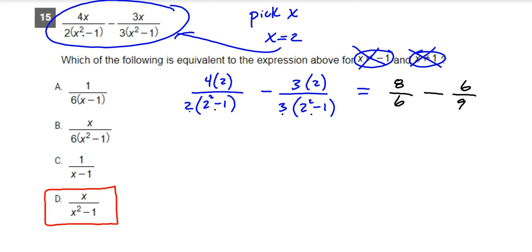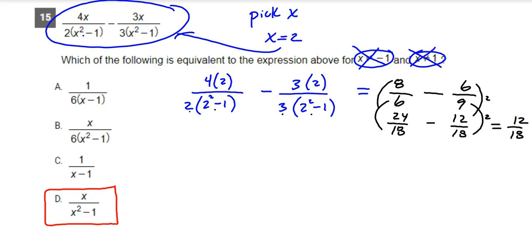I don't have a calculator right here, so I'm going to do it old school. I'll pick 18 as my common denominator. 6 goes into 18 3 times, and 3 times 8 is 24. 9 goes into 18 twice, and 6 times 2 is 12. So the final answer, 24/18 minus 12/18, is 12/18.